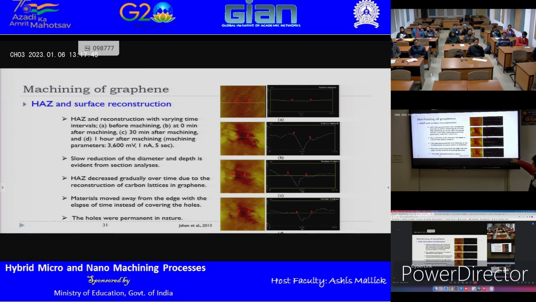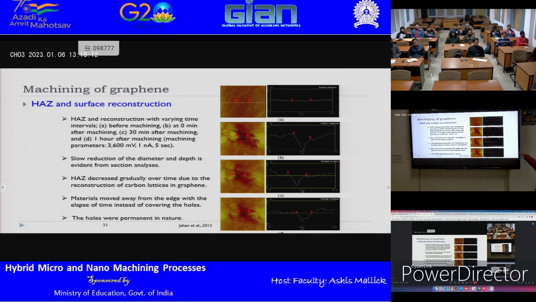And the heat affected zone is also reducing or spreading out. So we saw some slow reduction of the diameter and the depth, right? That's what we try to tell here. We observed this during machining of graphene, because graphene has a tendency to reconstruct, okay? So that's what we saw here.